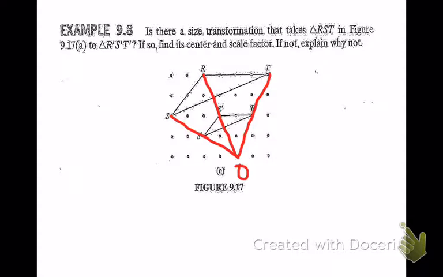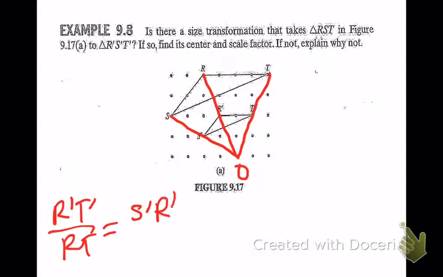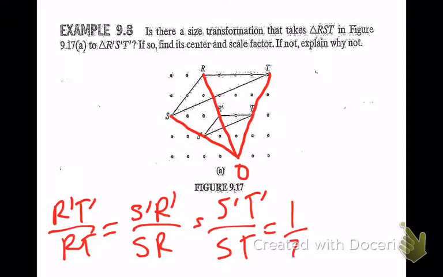So anyway, we've got R prime T prime over RT equals S prime R prime over SR, and equals S prime T prime over ST. It's a 1 to 2 ratio.